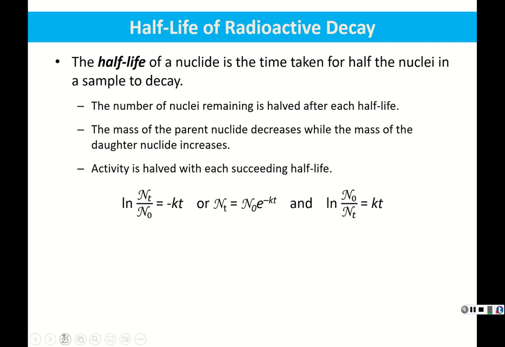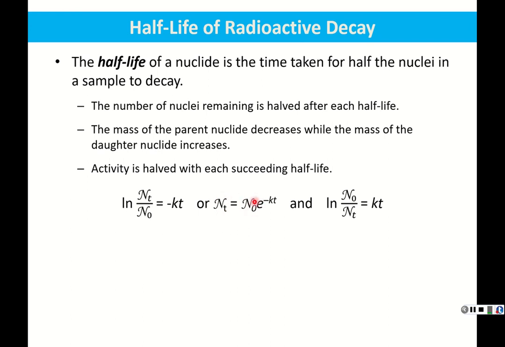And the expressions for half-life are shown. We have the ln of the number of nuclei at time t over the number at the start equals minus k times t. Or you can rearrange this to solve for the number at a specific time.